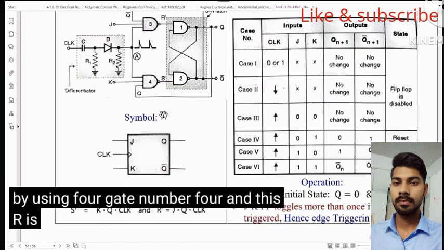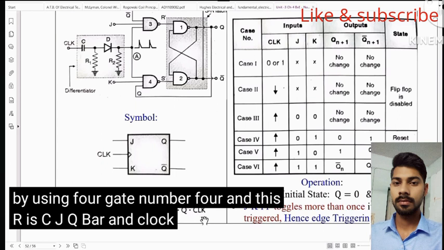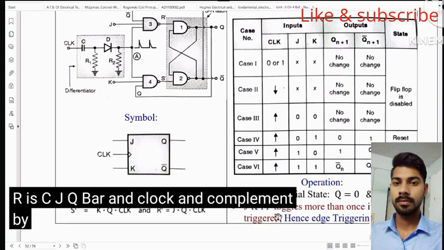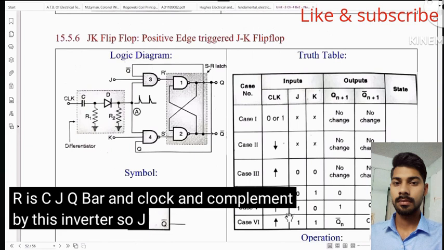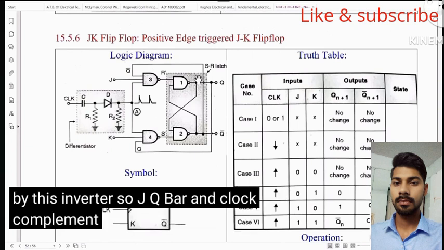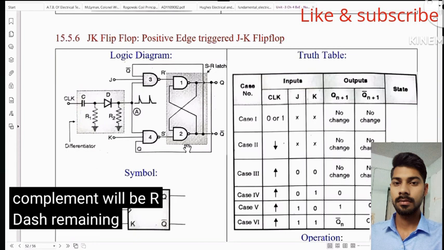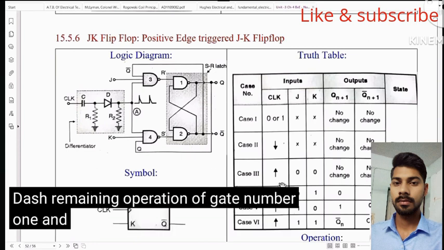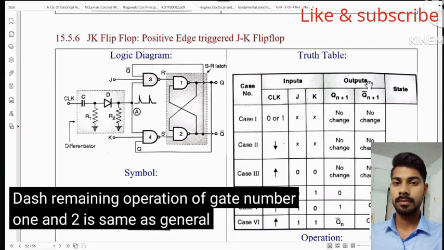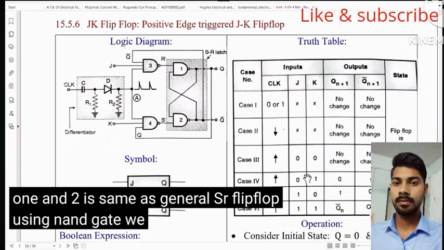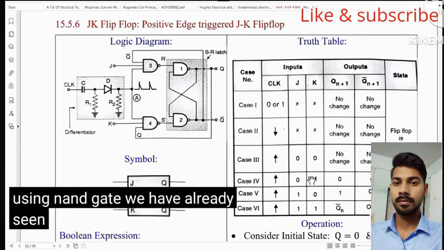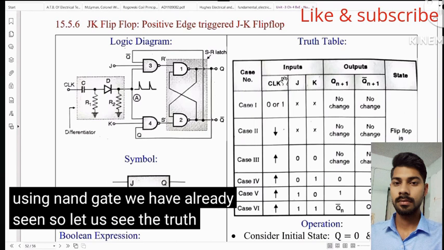And this R dash is J, Q bar and clock, complemented by this inverter. The remaining operation of gate number 1 and 2 is the same as the general SR flip-flop using NAND gates we have already seen. So let us see the truth table.